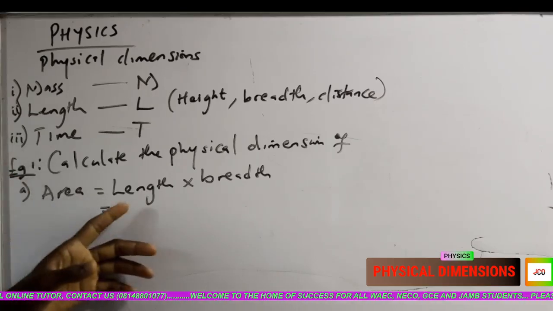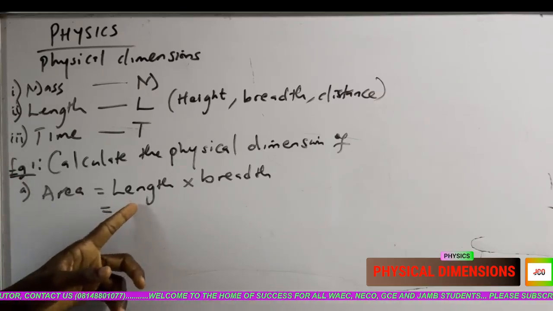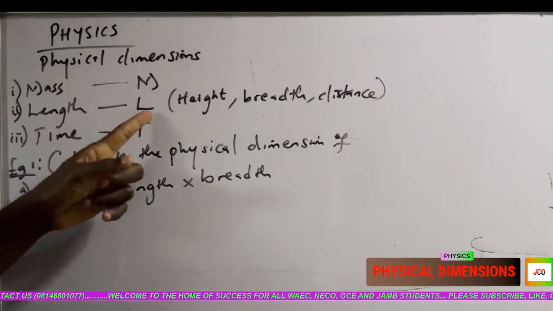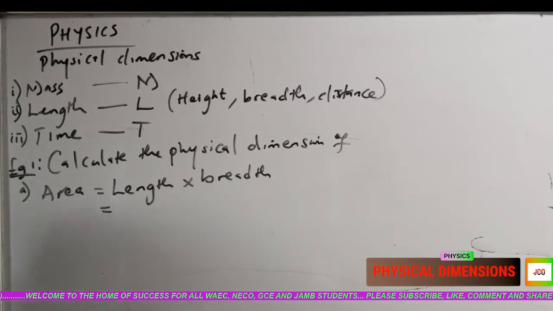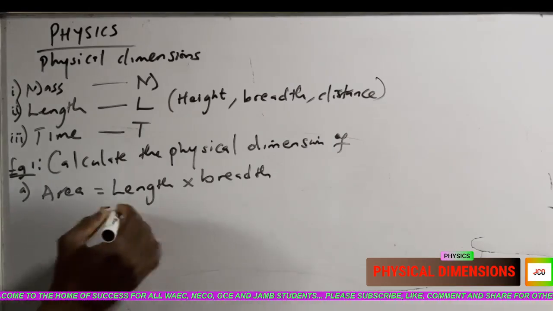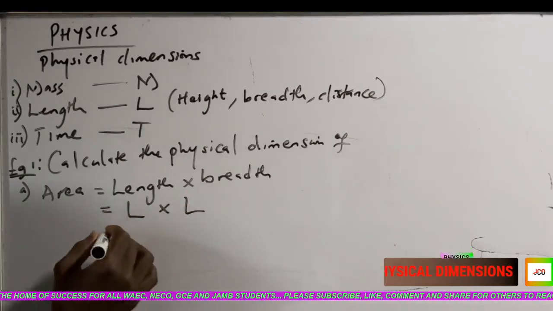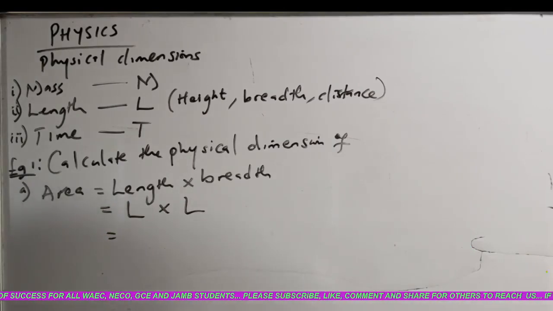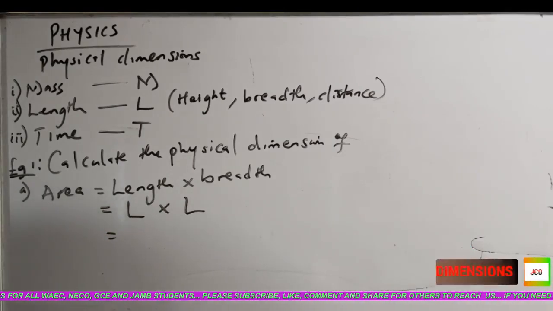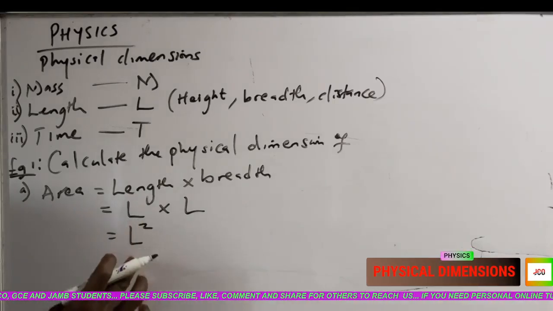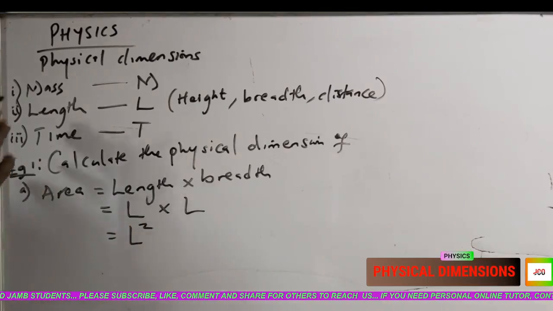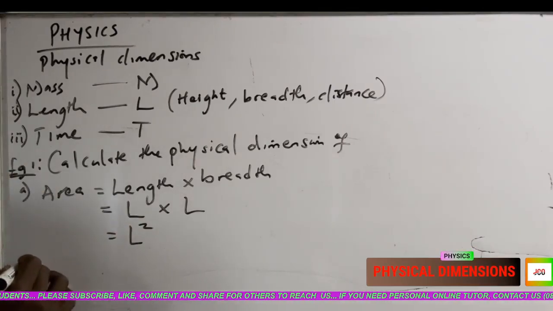Like we said, length is capital letter L. Breadth is also capital letter L. So I'll be writing L times L. As you have been following our algebra class, you notice that this is going to be L square. So this is the dimensional quantity for area.